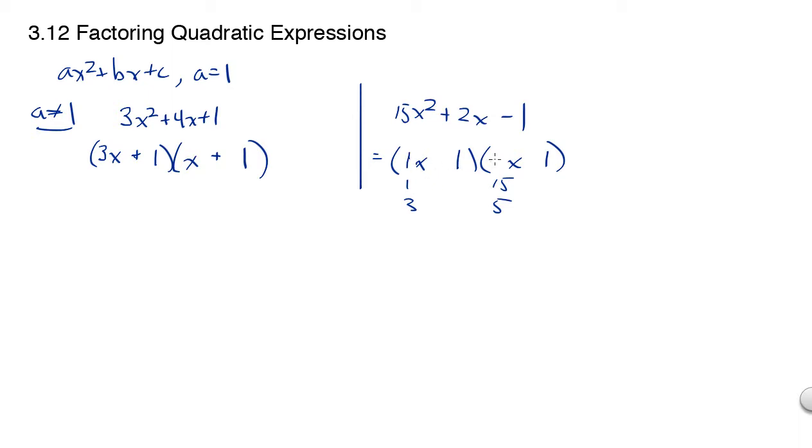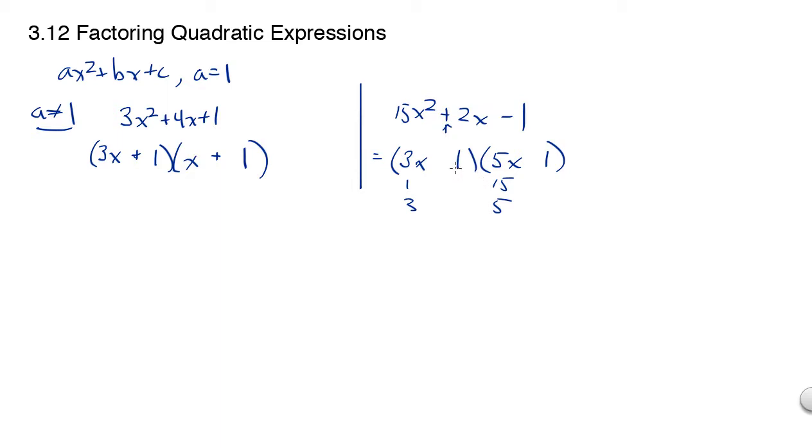If we did plug in 1 and 15 here, we would see pretty quickly that there's no way. If say this were positive and this were negative, we get a 1 or a negative 1 and a positive 15. 15 minus 1 is 14. That's nowhere near 2. So we can be pretty sure that those aren't going to cut it. So then we try 3 and 5. I don't know if it's plus here and minus here or minus here and plus here, but that's determined by this sign here.